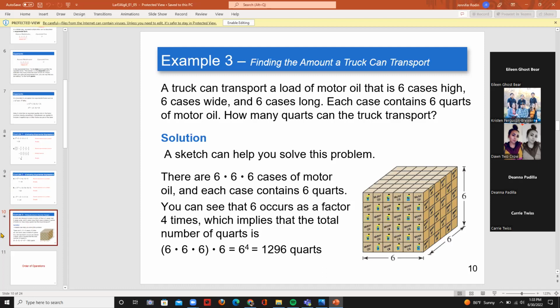So we know that the cases are 6 by 6 by 6, and each case has 6 quarts. So the answer is really going to be 6 to the 4th power right there. So this is length times width times height. That'll be the volume. That many cases times 6 quarts for each case. So you'd end up with 1,296 quarts.